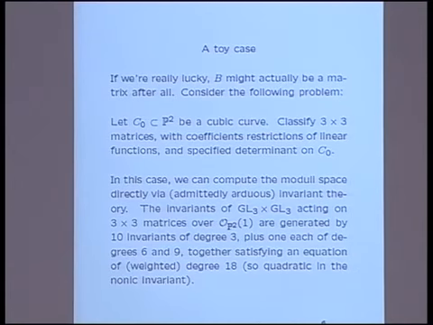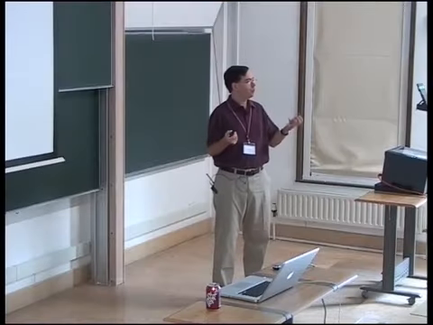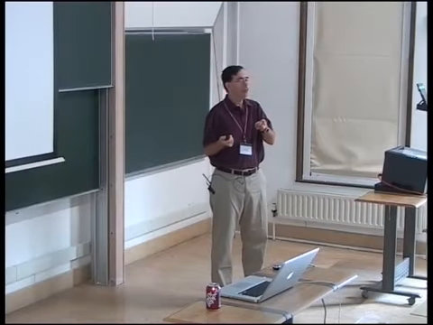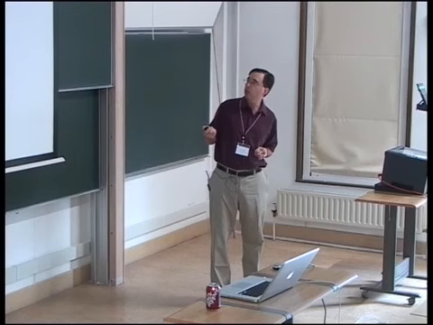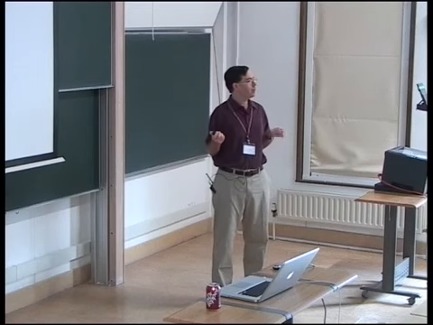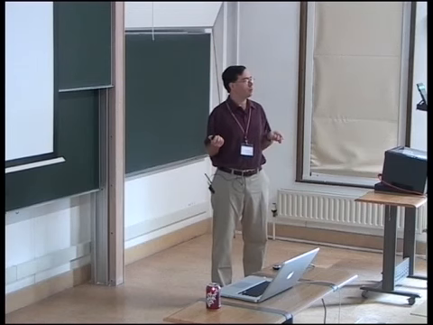what you find is that the invariant ring is generated by 10 things of degree 3, 1 of degree 6, and 1 of degree 9. And in fact, the 10 things of degree 3 are easy to recognize. We have a 3 by 3 matrix, the coefficients of which live in a linear space. We've been thinking of them as functions on our curve, but because they're linear, we can also think of them as functions on P2.